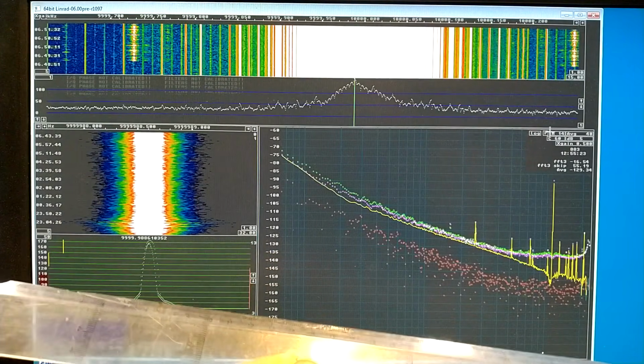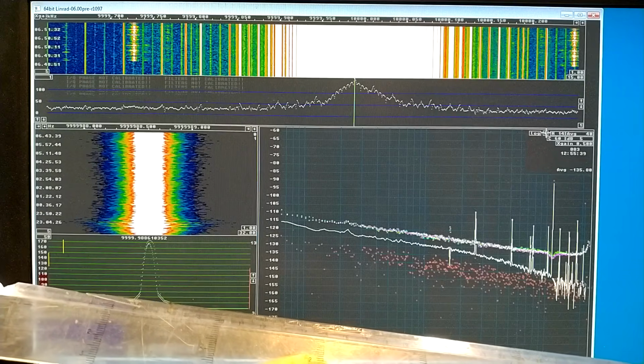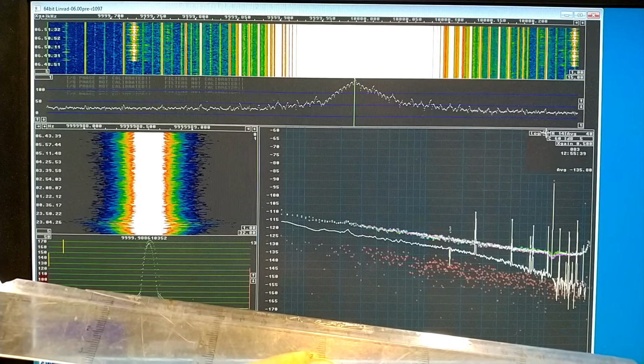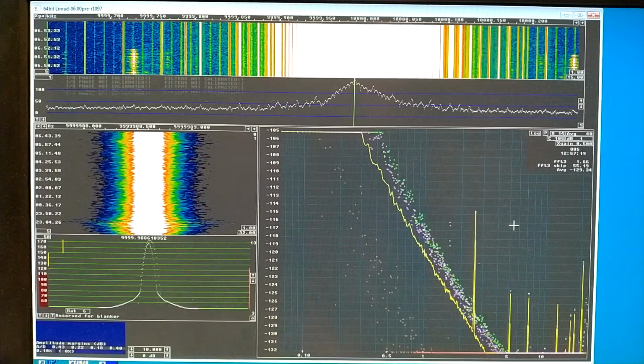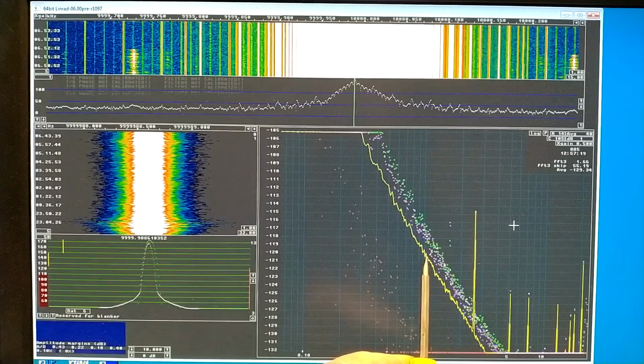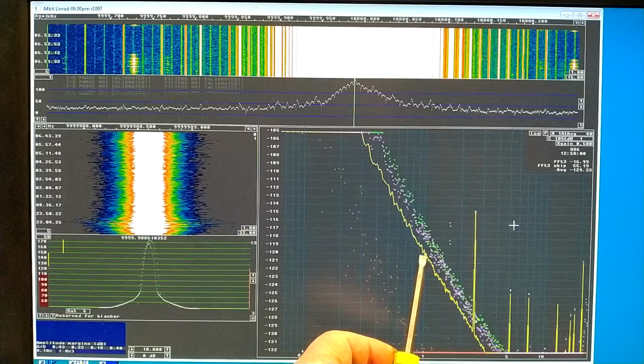There is, of course, amplitude noise, but it is very much lower. At 1 Hz offset, here, the Wenzel oscillator is at -120 dBc per Hertz.